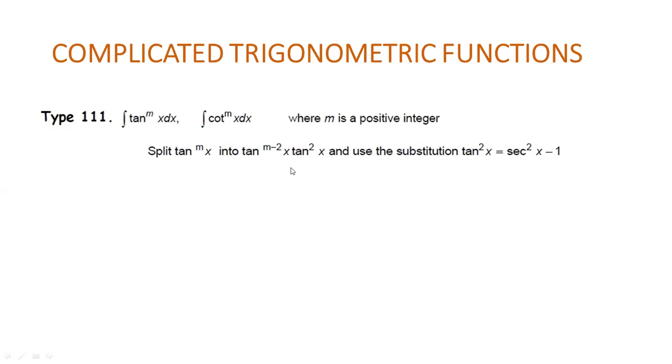The purpose of setting aside the tangent squared is you will convert it to secant squared x minus 1, its equivalent identity. Question is, why will you convert the tangent squared which you have taken away from the tangent raised to m? It's because the secant squared is a derivative of the tangent that remained, which you have split apart from the tangent squared.